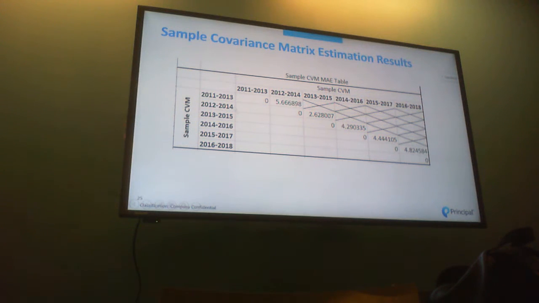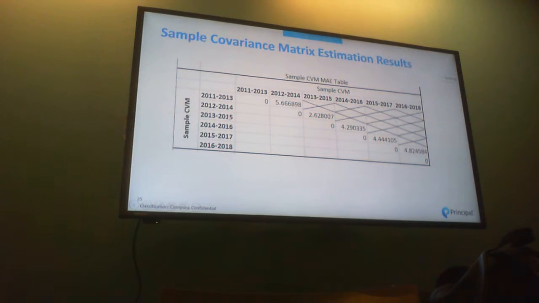Yeah, right. So I compute the MAE between the simple covariance matrices. For example, if we set 2011 to 2013 as time t, then 2012 to 2014 is time t plus 1, right? So we calculate the MAE between t and t plus 1 because t plus 1 is the true covariance matrix.